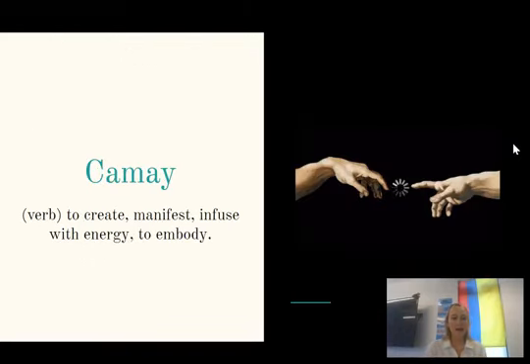So camay is a verb. It means to create, to manifest, or to infuse with energy, or to embody. Many of us are familiar with this in Western art; this is a close-up of one of Michelangelo's works. It's supposed to be this moment where God zaps the limp, lifeless body of Adam with his life force.